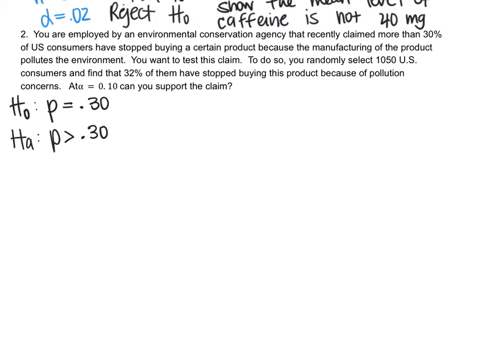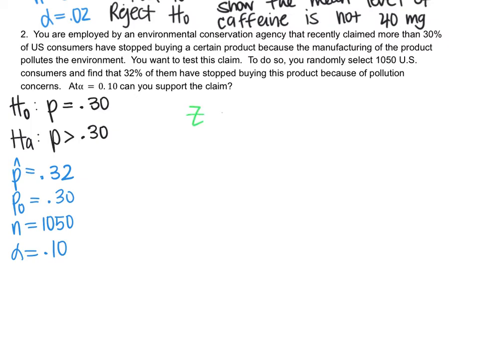So it is normal. So our p hat is 0.32, p naught is 0.30, n is 1050, and alpha is 0.10.